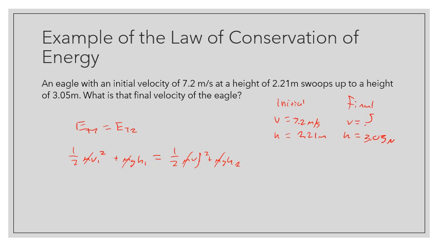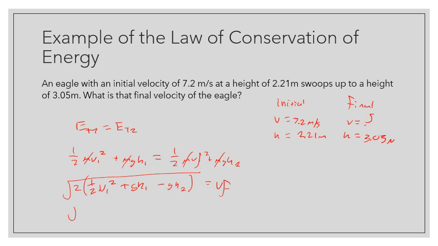So now we just need to use algebra to solve for Vf. So 1/2 v1 squared plus gh1 minus gh2, all times 2, and all square rooted, is equal to Vf.